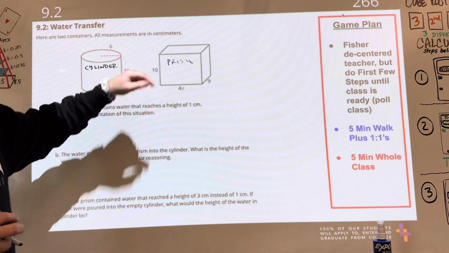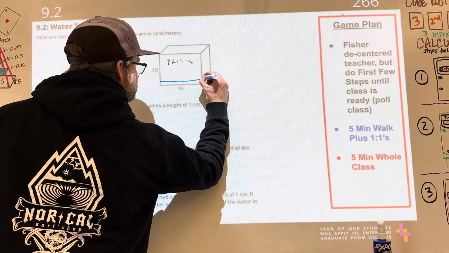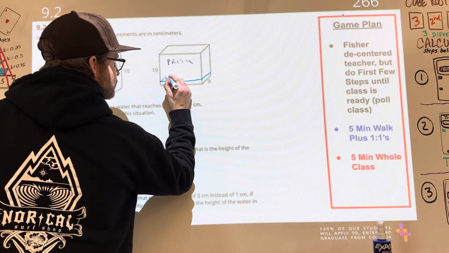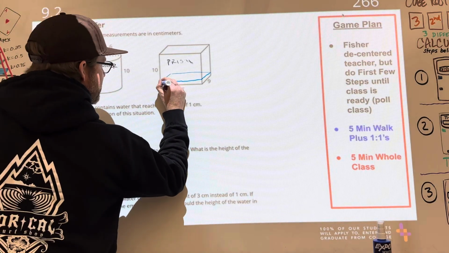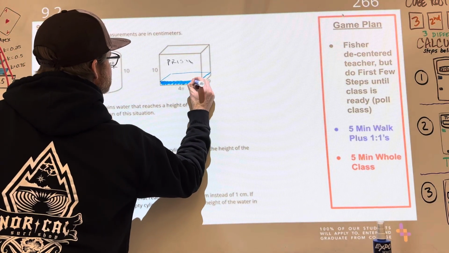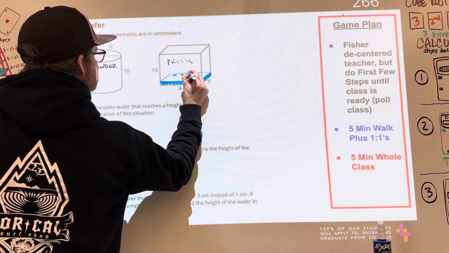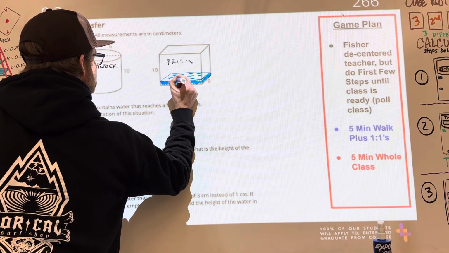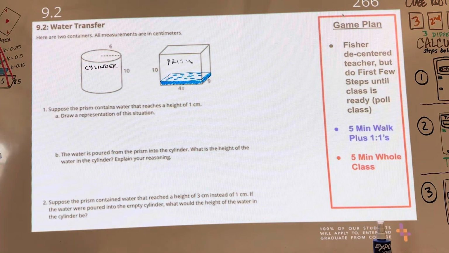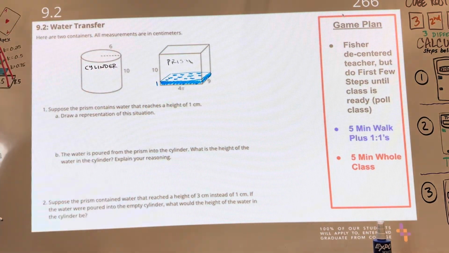So if this is 10, the water is just like right here. So there's your water. Draw a representation of this situation.